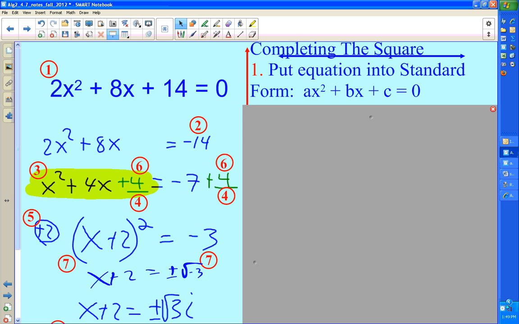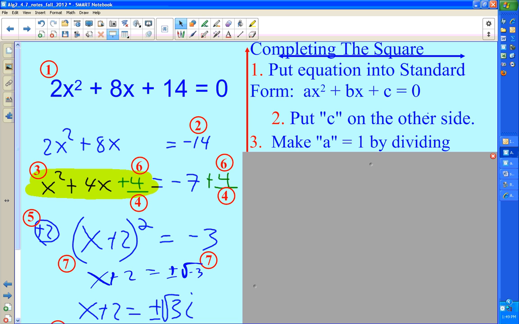That's number 1 here. So the numbers in the circle correspond to the steps over here. Step number 2 for me, when I typed these up, was to put C on the other side. So I start equal to 0, then I bump the C over. So I subtracted 14 in this one. Step number 3 is really important.